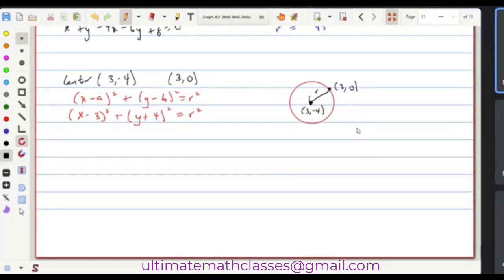It's going to be the square root of 3 minus 3 squared plus 0 minus negative 4 squared. So r is 3 minus 3 is 0, that is 4 squared, that is 16. So r is equal to 4. Did you get that radius equals 4?